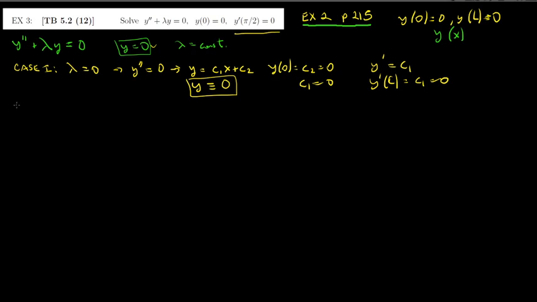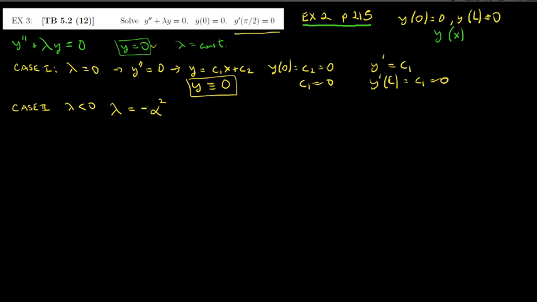All right, so now we have case 2. We're going to look at what happens when lambda is negative. And for convenience, we're going to say that lambda is equal to negative alpha squared. So alpha is just some other number. In fact, it's a positive number.